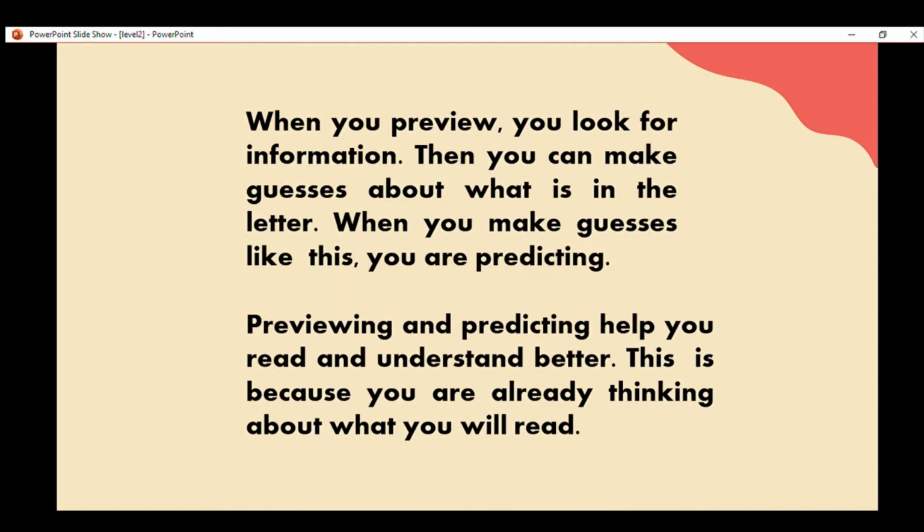Previewing and predicting help you read and understand better, because you are already thinking about what you will read. It means you get all the important information for you to answer the questions of the story.